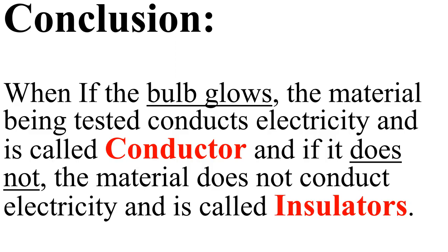For example, an iron nail, a steel spoon, a metallic coin, etc. Whereas insulators are the materials which do not allow electricity to pass through them. In this case, the bulb will not glow. For example, a stone, a sponge, a wooden pencil, etc.